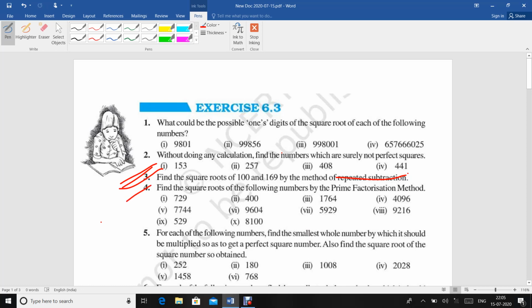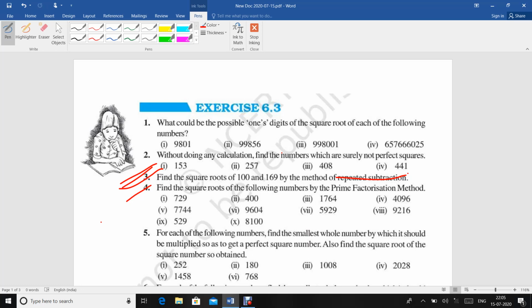Question number 4. In question number 4, find the square roots of the following numbers by the prime factorization method. So basically, what is the prime factorization method? There are some steps for finding the square root of a number by the prime factorization method.